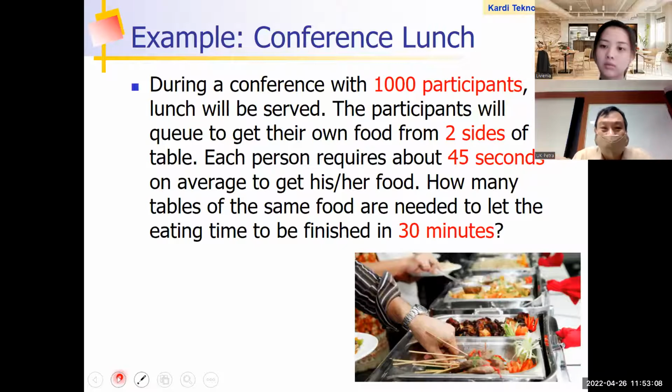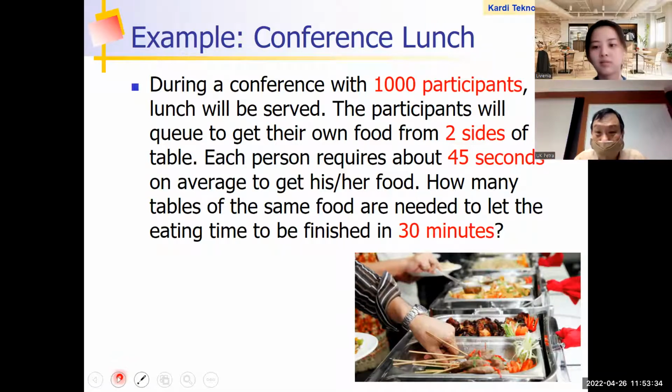Okay, this is actually happening in Surabaya in Shangri-La Hotel. Okay, 2009. During that international conference, 1,000 participants have lunch together. The participants will queue to get their own food from two sides of the table, right?